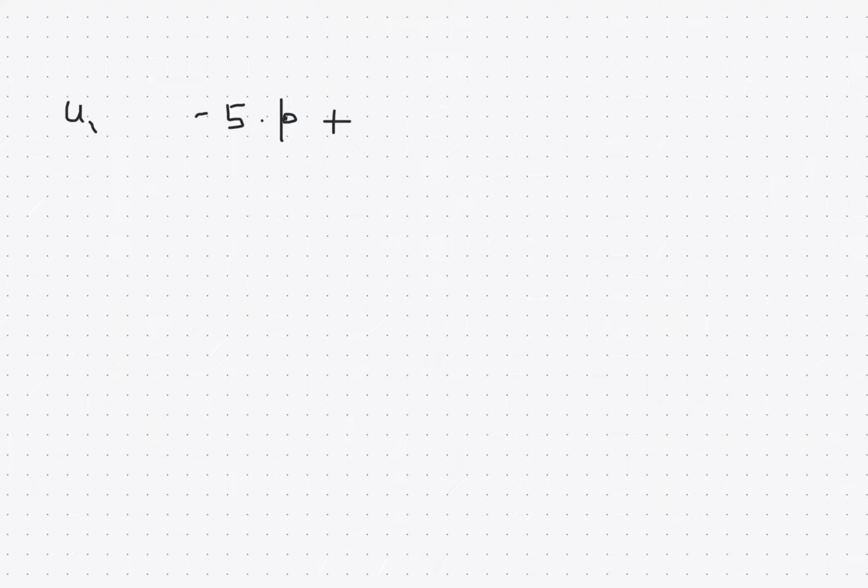You're looking at the expected payoff for firm Y, given it selects to lobby and given firm X's mixed strategy. So -5 times P plus 15 times 1 minus P. So this will simplify to 15 minus 20P.